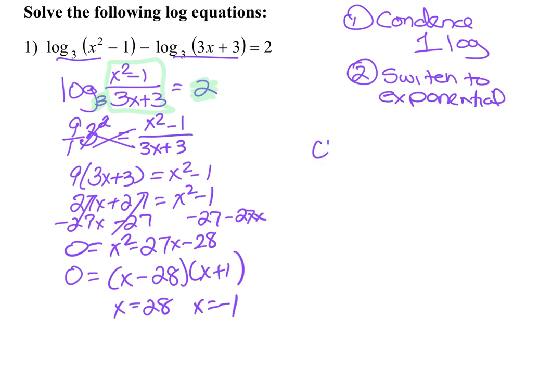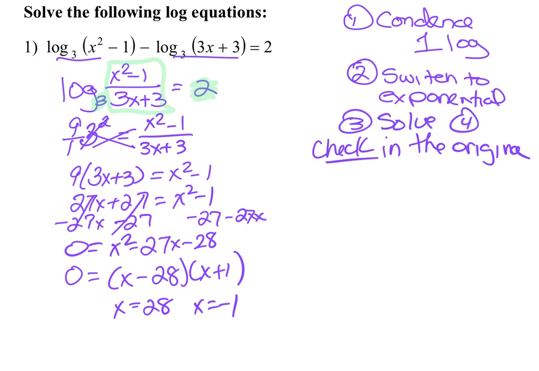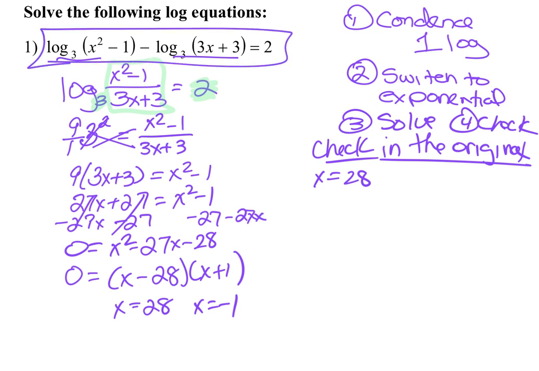Then we have to check, and remember, check in the original. So the third step is solve, and the fourth step is check. We're going to put x equals 28 in and store it in your calculator. Write down the original, type it in.